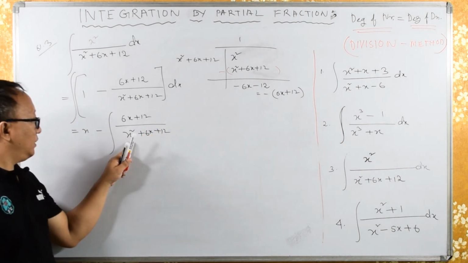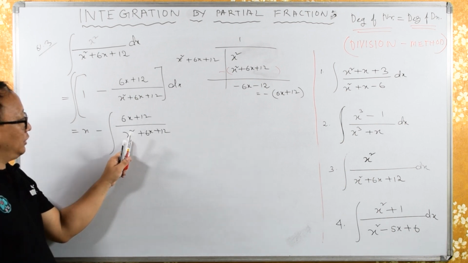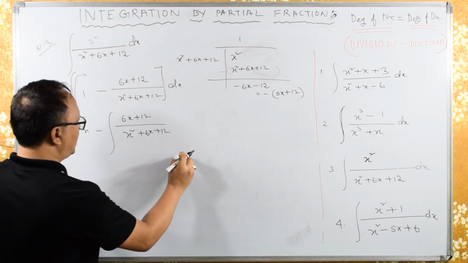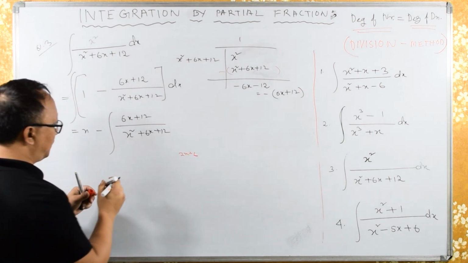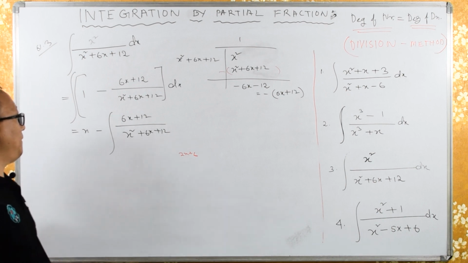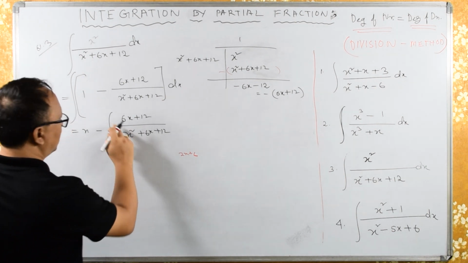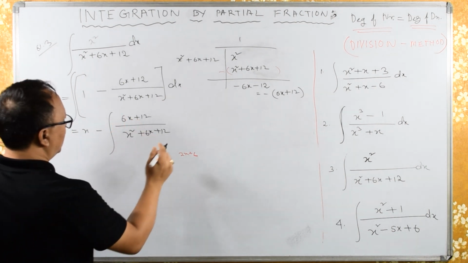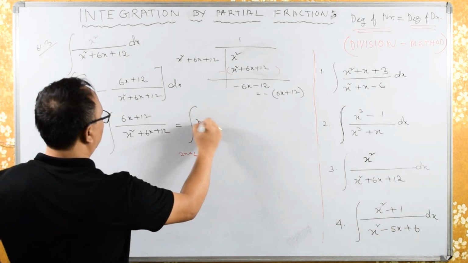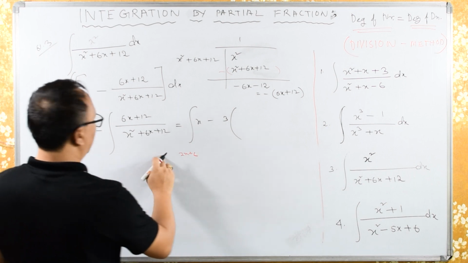If you differentiate the denominator, what do you have? Twice x plus 6. You need twice x plus 6. So in order to get that, I take 3 common, so this equals integral x minus, taking 3 common, then we need 2.